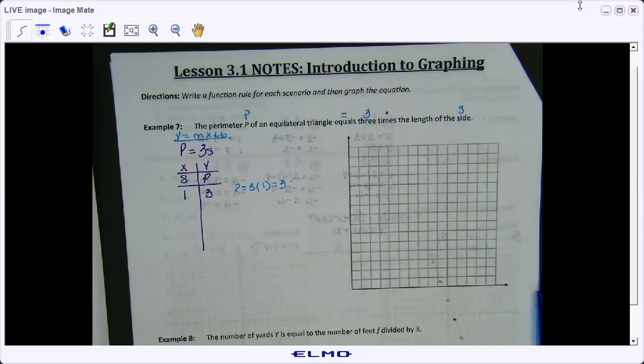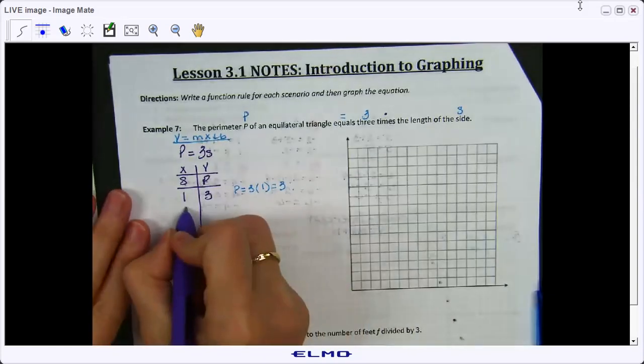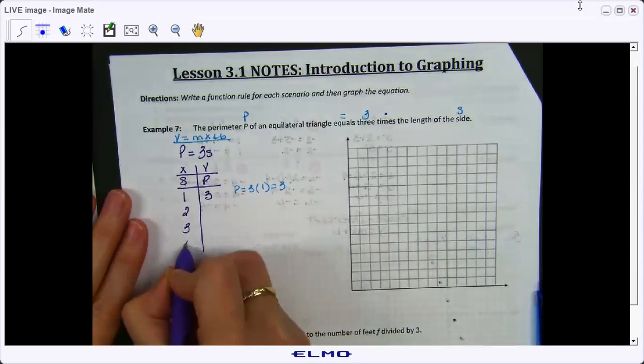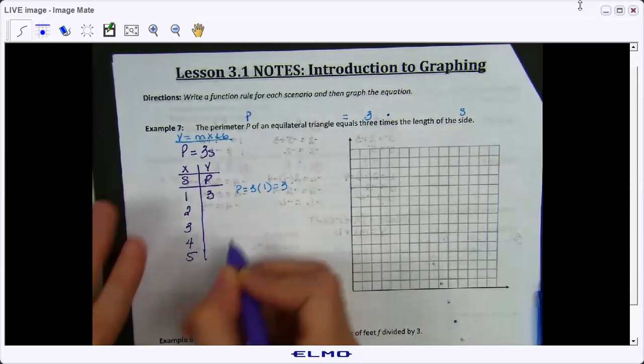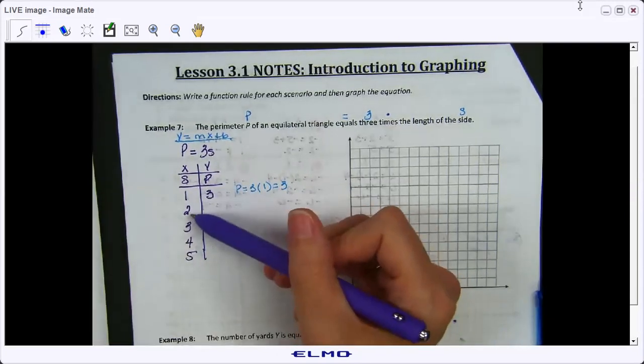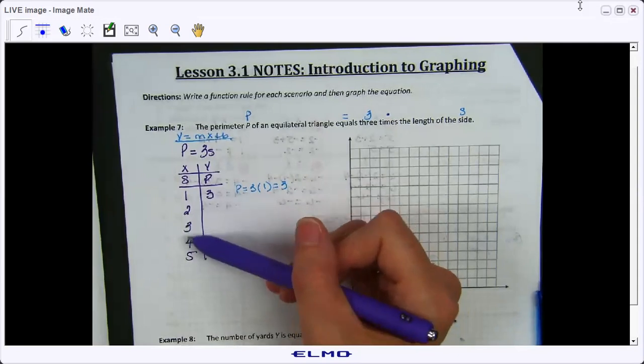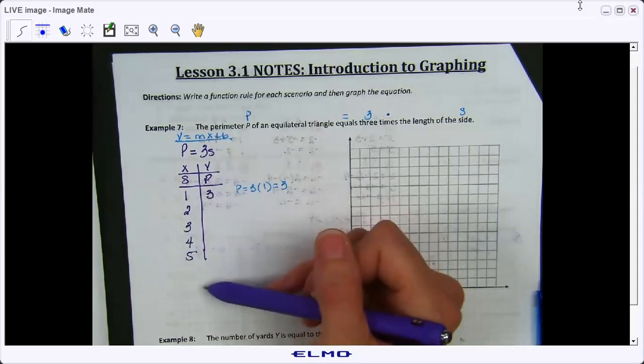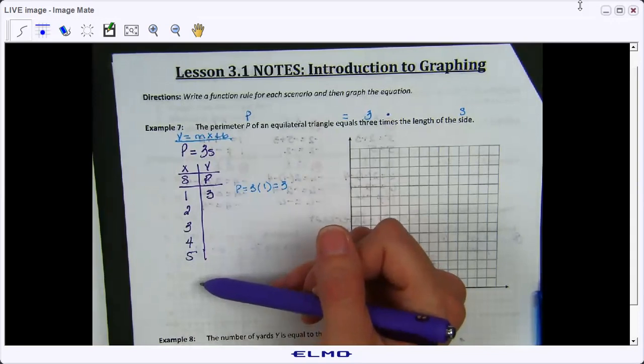So I'm gonna plot 5 points. 1, 2, 3, 4, 5. And what this table is saying is that if my side length is 2 units, 3 units, 4 units, and 5 units, what would the total perimeter of my triangle be?